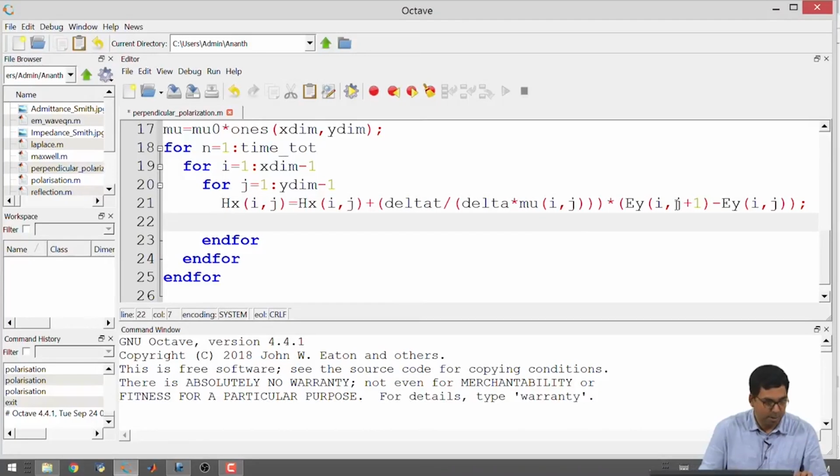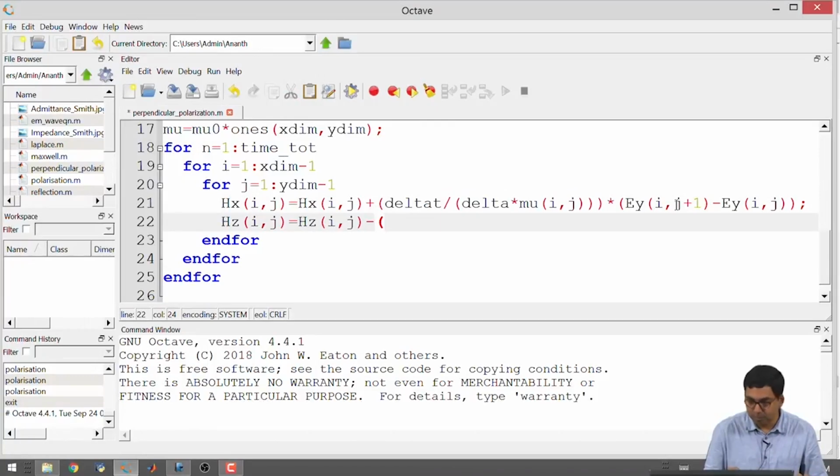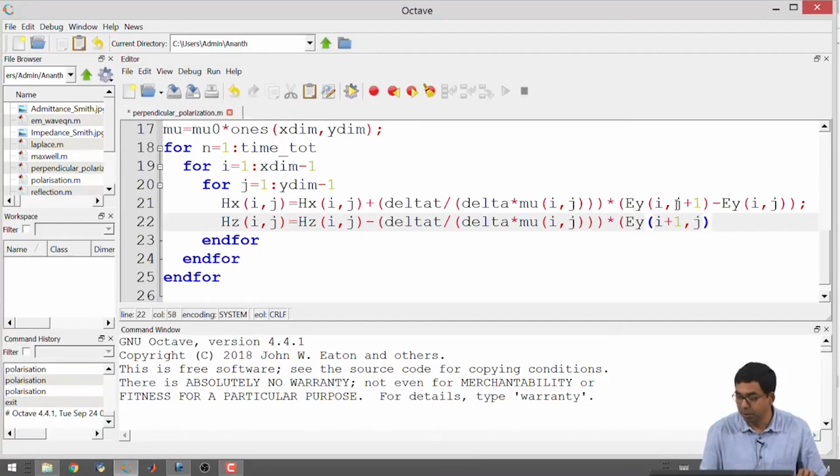Then we have to go for Hz of i comma j, and I think in this case there is a minus sign coming into the picture. So, I will just copy paste this part. It was a forward difference for dou Ey dou x.